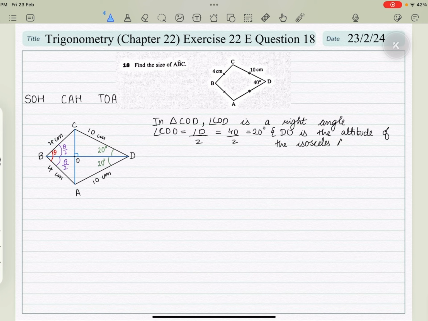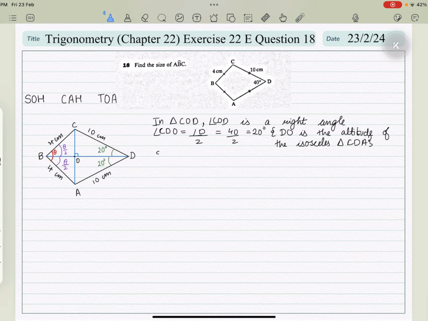So this triangle CDA. Now, once we know that, we know the theta, we know the hypotenuse, and we have to find the opposite. So we're going to be using sine.